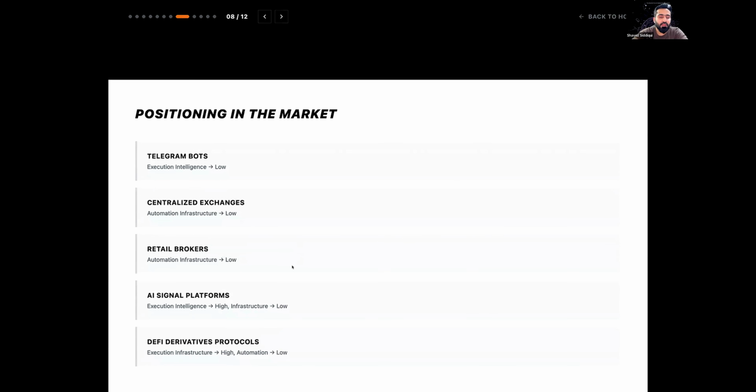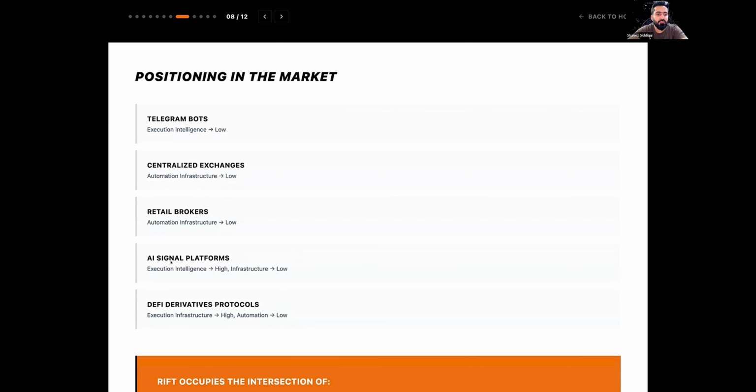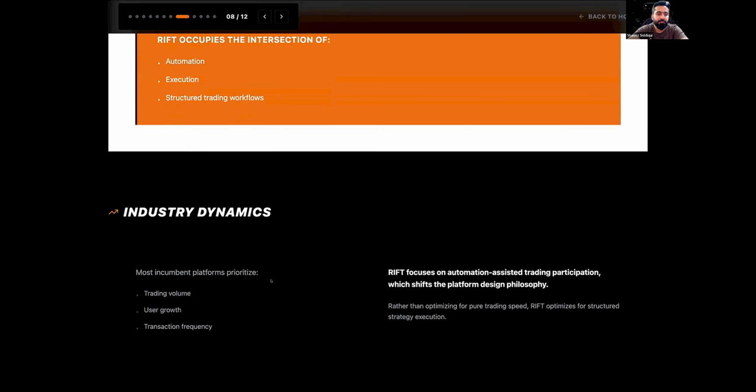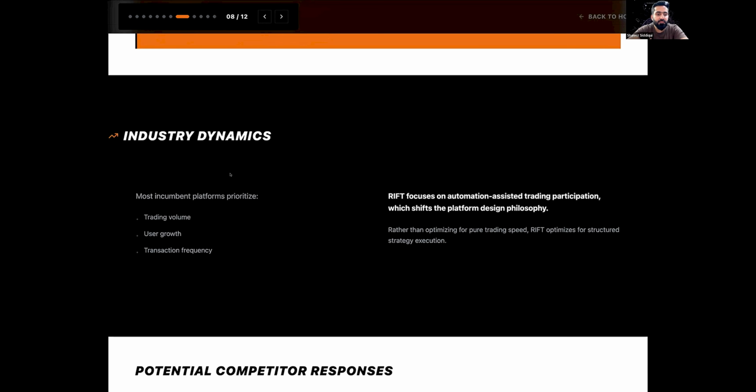Simple as that. Then we look at the positioning in the market of Telegram bots, centralized exchanges, retail brokers, signal platforms, DeFi derivative protocols. Rift occupies the intersection of automation, execution, and structured trading workflows all at once. Then the industry dynamics.